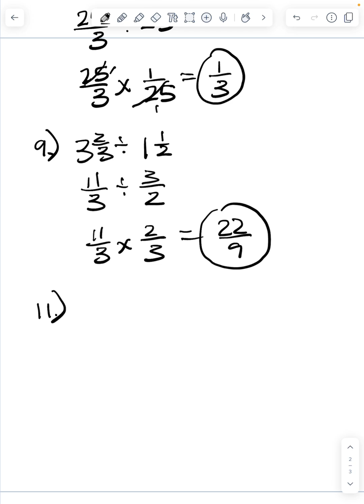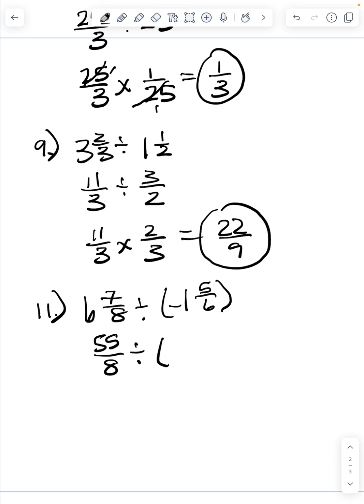Number 11 is 6 7/8 divided by negative 1 5/6. So let's do improper fractions first. So 48, we're going to end up with 55 over 8 divided by negative 11 over 6.